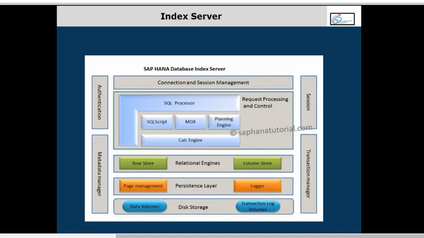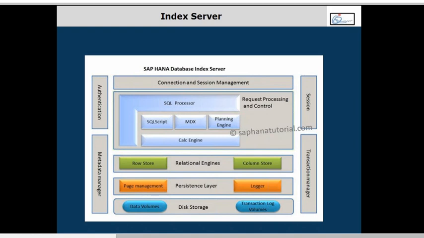You establish a connection to the HANA database server, and once you log in, each screen you open is referred to as a session. The connection and the sessions are managed by connection and session management. This part of your index server manages your connections from the client system to the server, and the sessions are maintained.